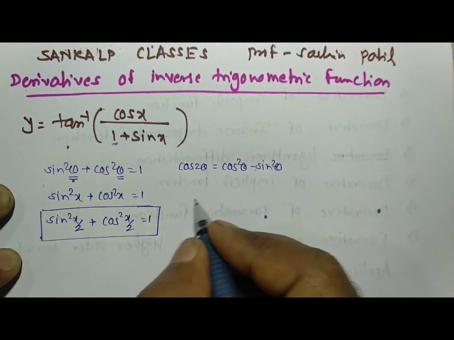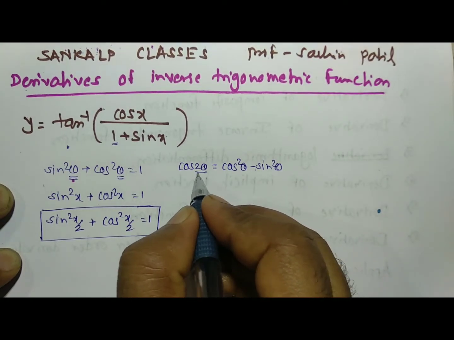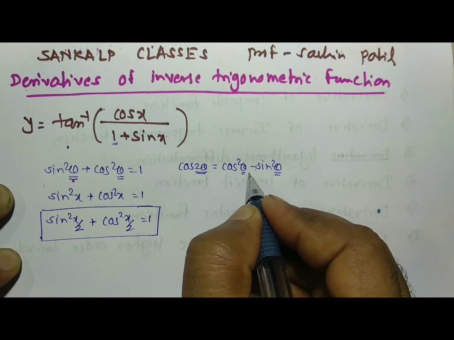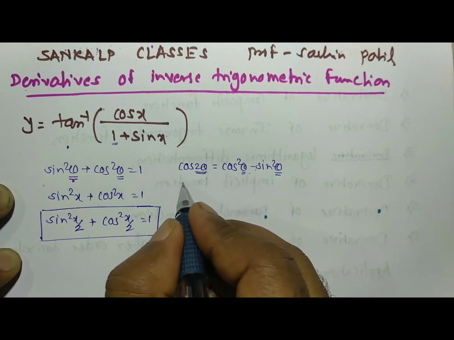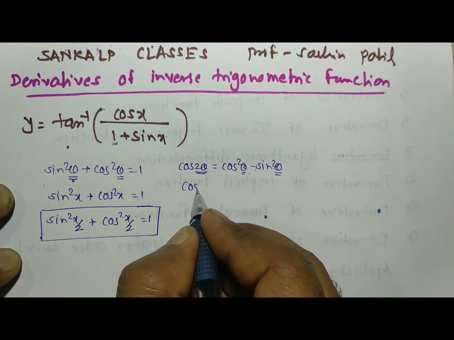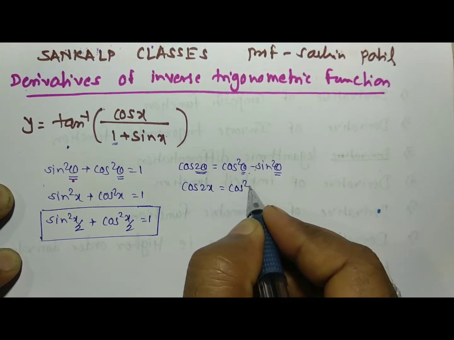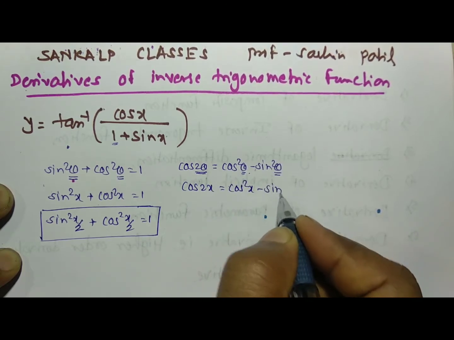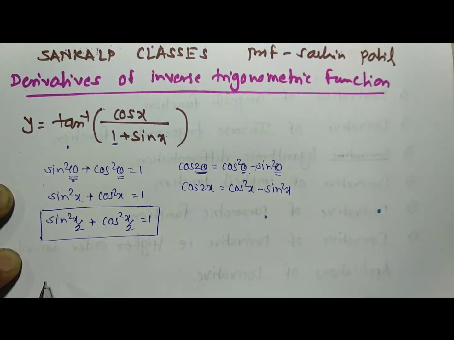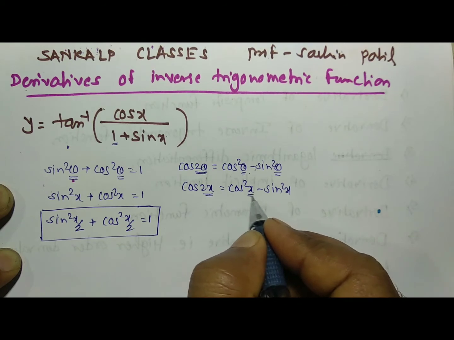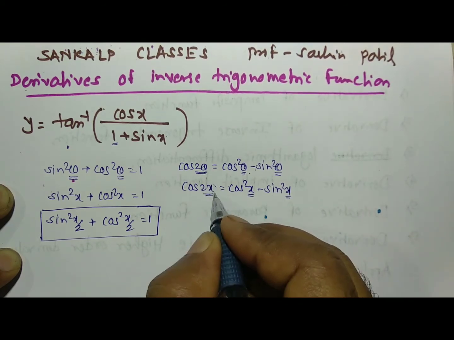That means here 2 theta, then here you will get theta, that means half of that angle. Therefore cos 2x is cos square x minus sine square x. That means 2x is here, then you will get x, that means half of that quantity.